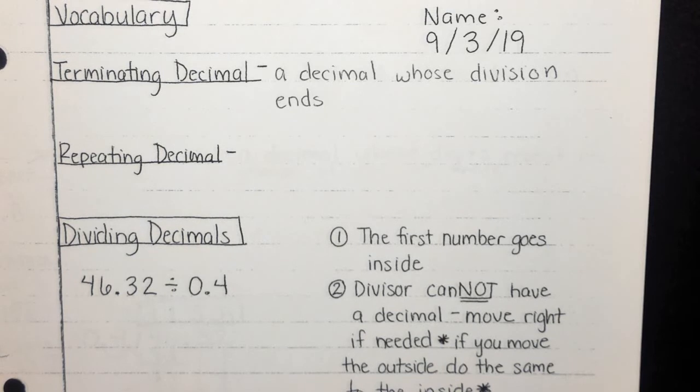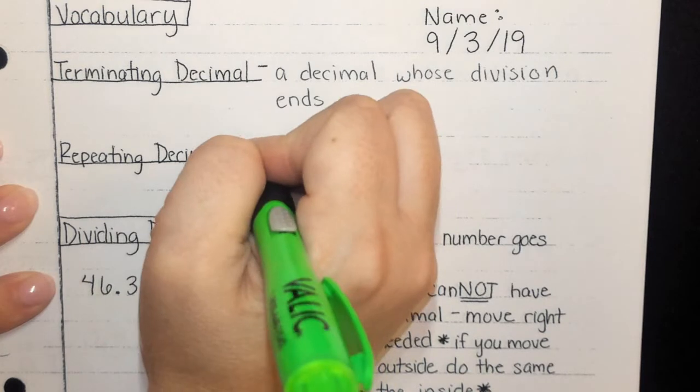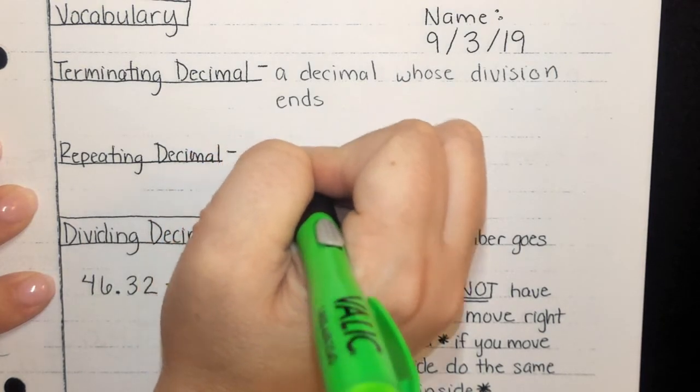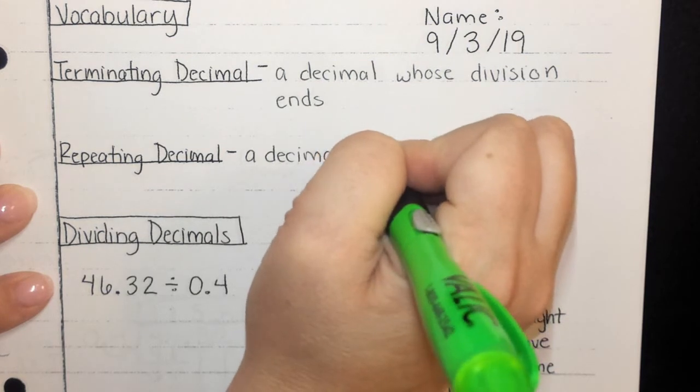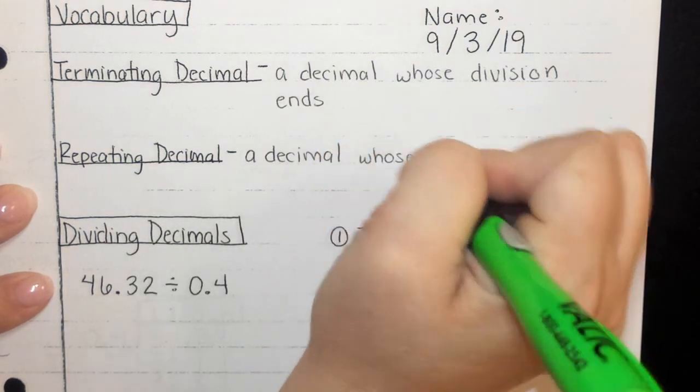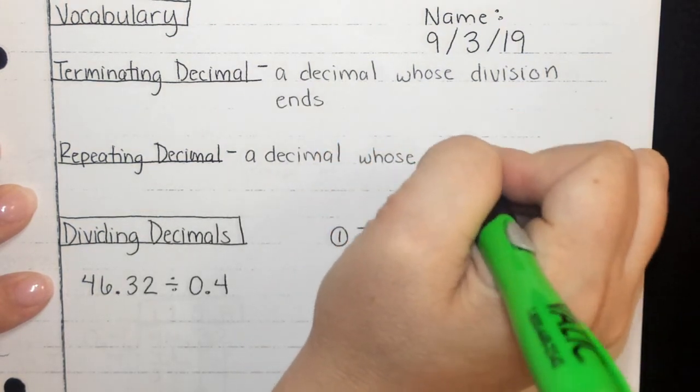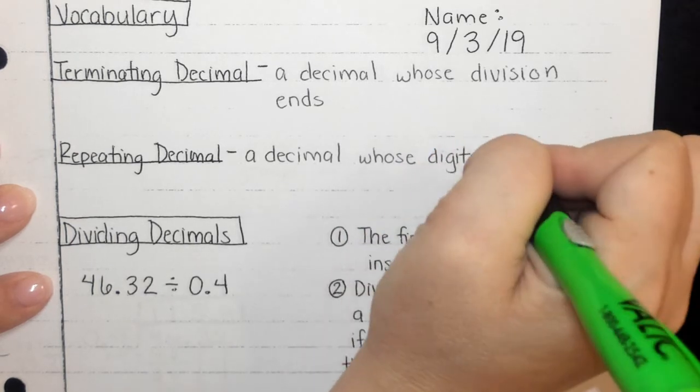It repeats. Something happens again and again and again and again. It doesn't mean we have a repeating decimal per se, like dot, dot, dot, dot. It means we have a number that's going to happen again and again. So we're going to say a decimal whose digits repeat.